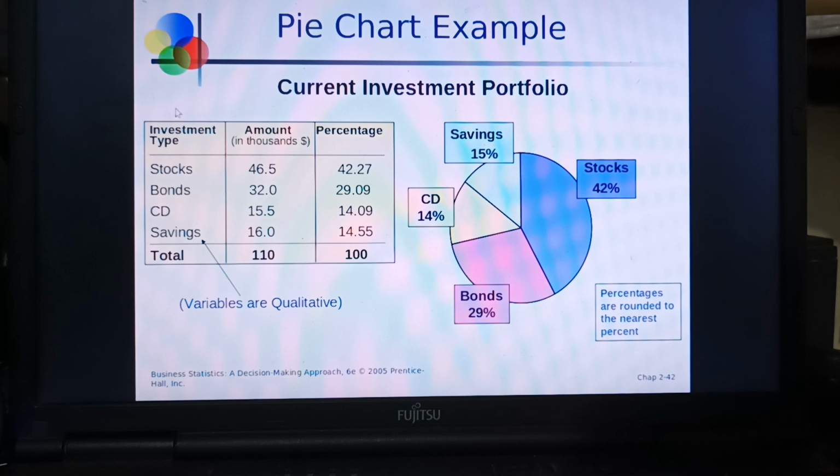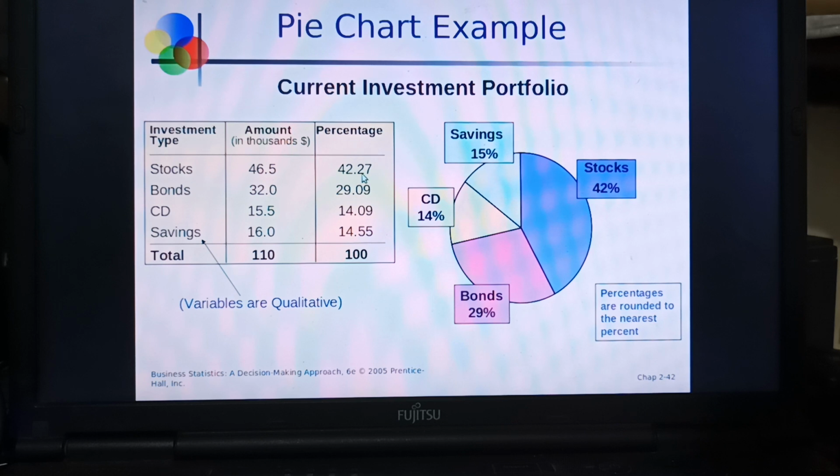In a table, but this would be easier to understand, doesn't it? The percentage here, 42%, percentages are usually rounded up or rounded down.